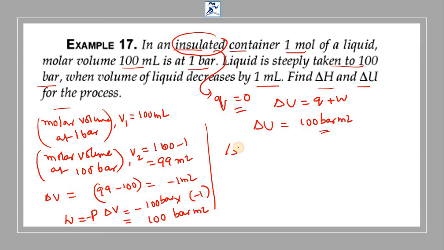Now to find the delta H answer, you have a formula, delta H is equal to delta U plus delta of PV.